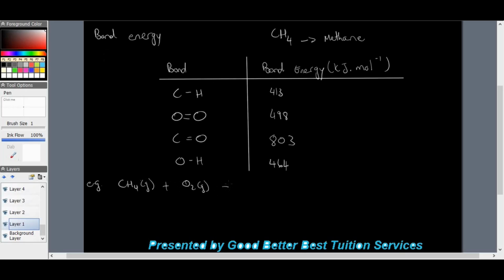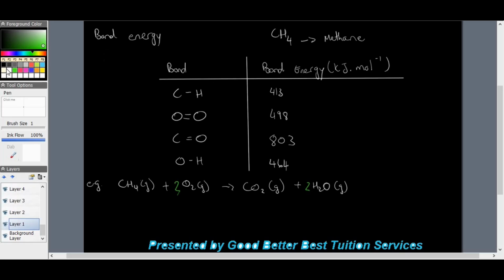That should give me the products CO2 gas, and water. Water obviously is given off in the gas phase as well, as water vapor. I'm going to balance the equation as well, so let me see, that should go there, and then that should go there. Awesome, and I'm fully balanced.